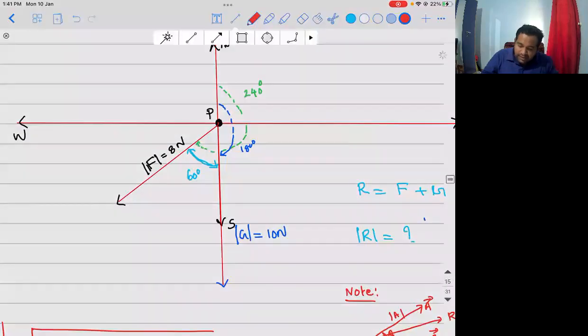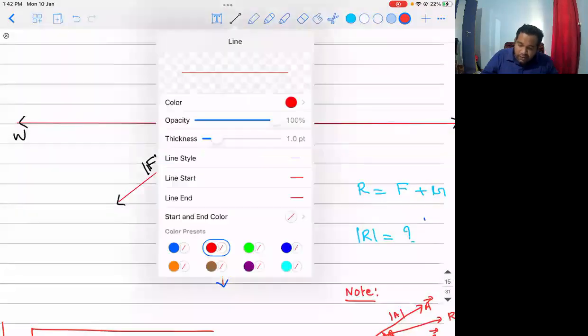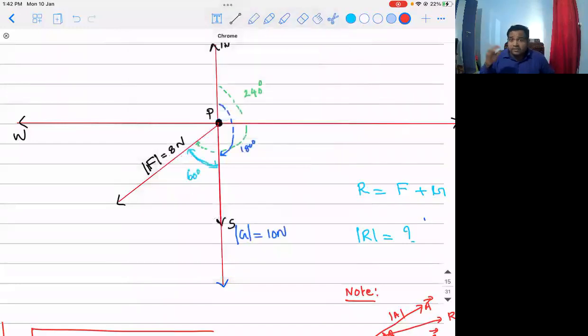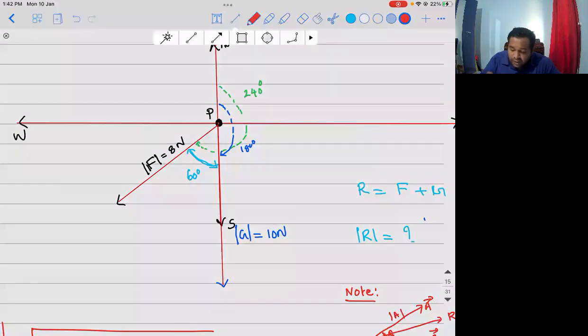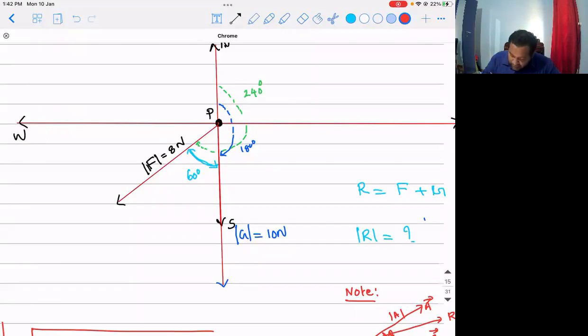For finding the direction of the resultant, we will use the concept of parallelogram law of vector addition. So we will construct a parallelogram. Parallelogram means opposite sides are equal.